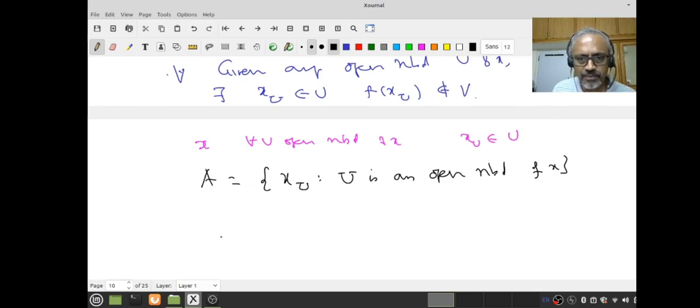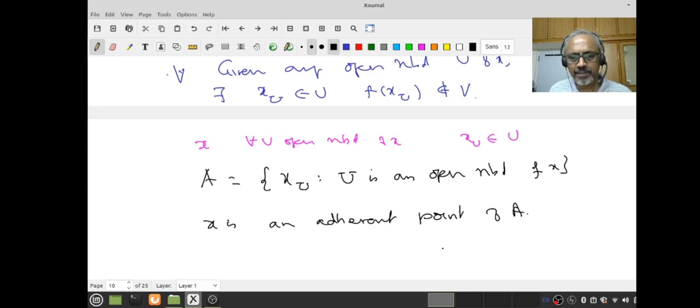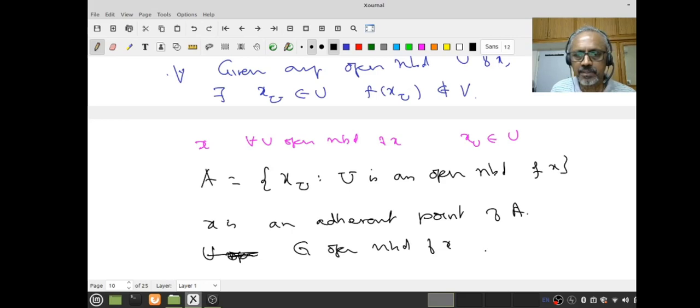Now x is an adherent point. Why? Because you start with any open neighborhood, call it G. G is an open neighborhood of x. Then what do I know? There is x_G in G, and of course it's in A because A is the collection of all such x_G. You understand that?